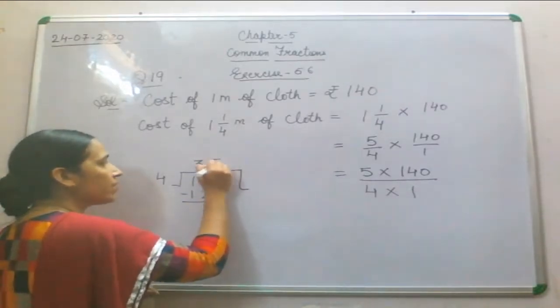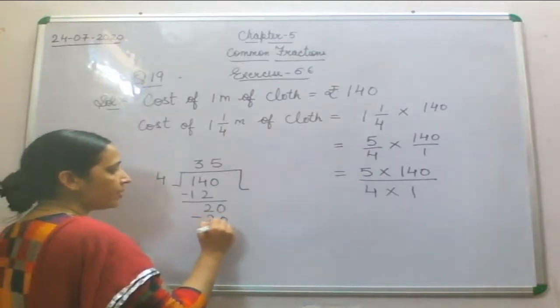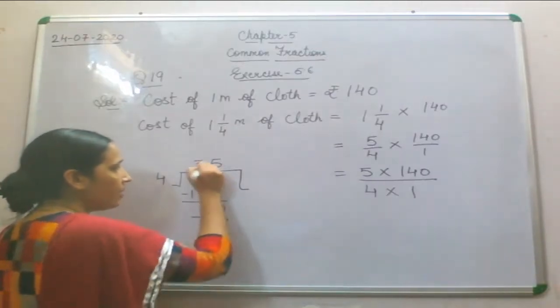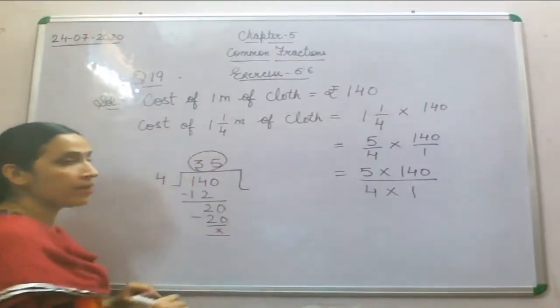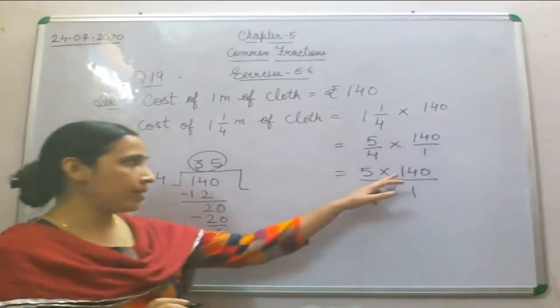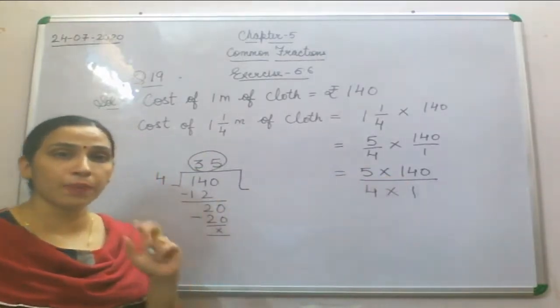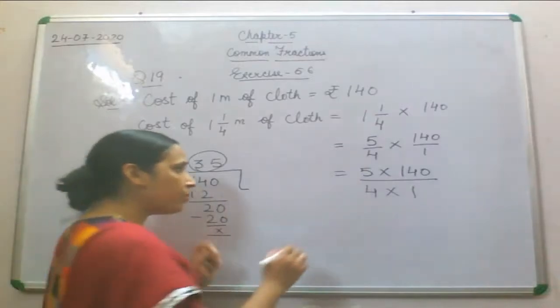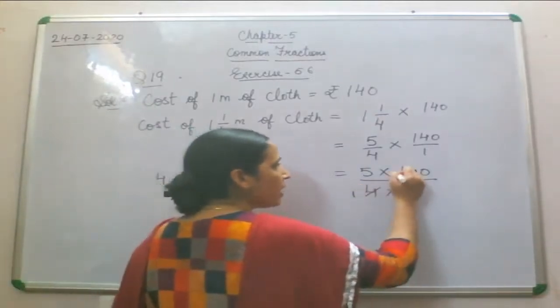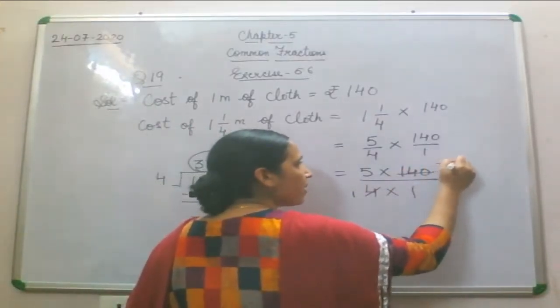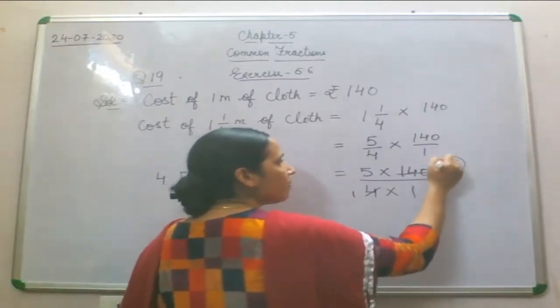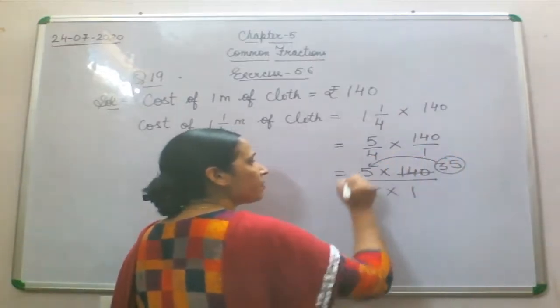Now 4 5s are 20. Fine. So you will get 35 here, and that 35 will be multiplied by 5. So here, 4 ones are 4, and here you will get 35. Now this 35 will be multiplied by 5.